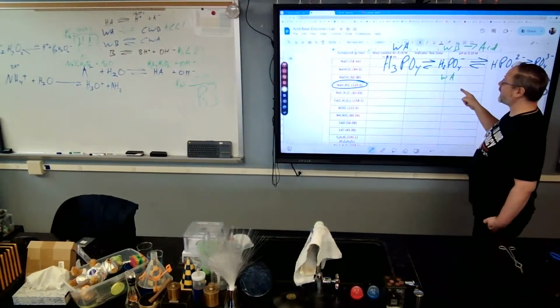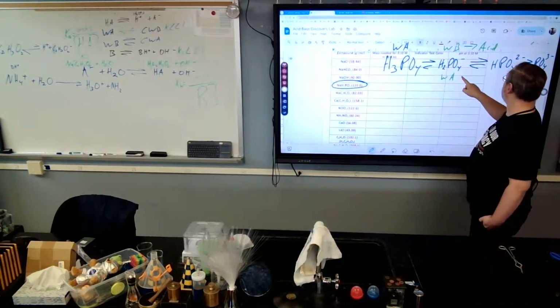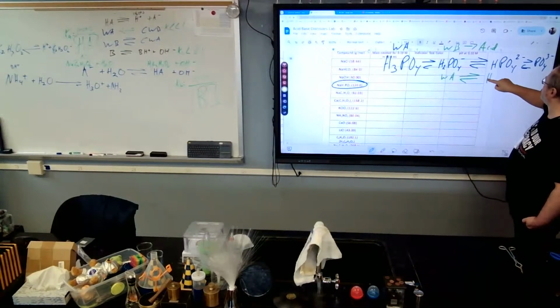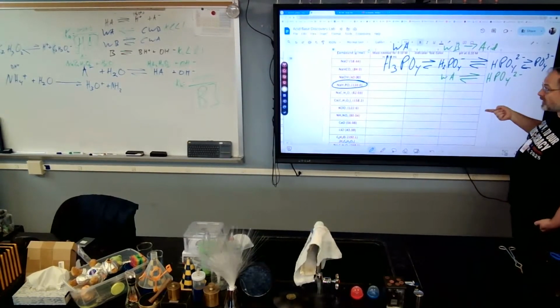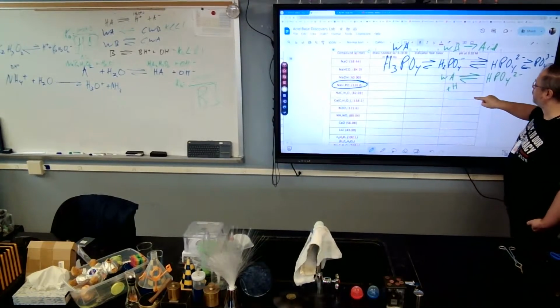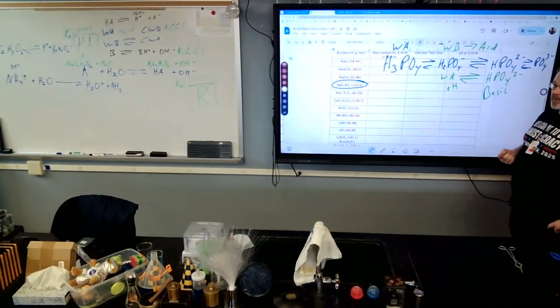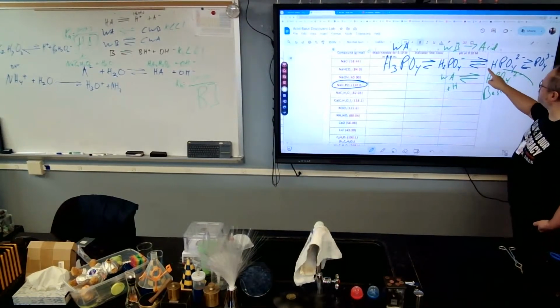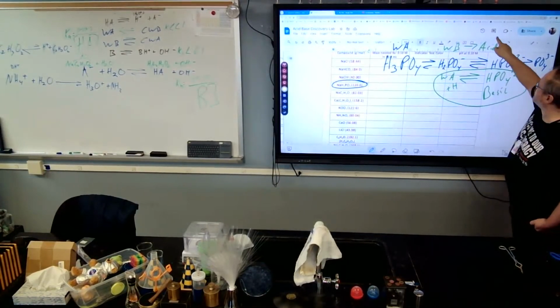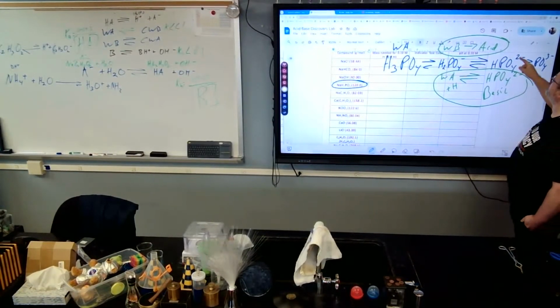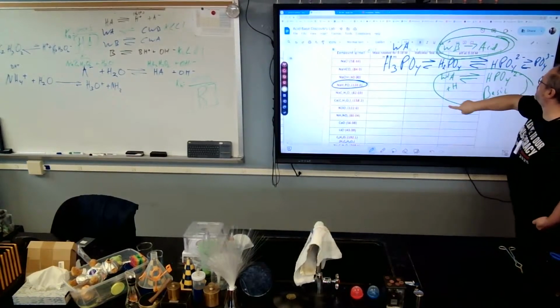If it acts as a weak acid, then it can still donate its proton and form HPO4 2-. And it does that by taking a proton from water, making this solution basic. So between the two, you found that this was more likely than this, right? You found orange, it was orange? Yeah. Okay, then you found that this was more likely than this.